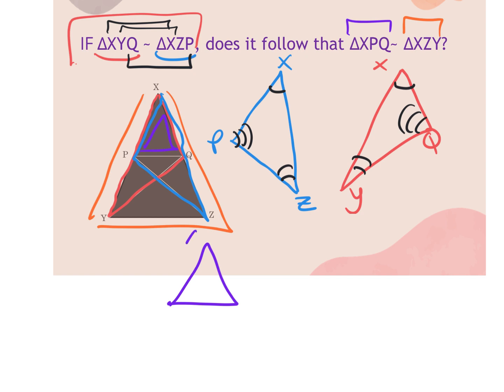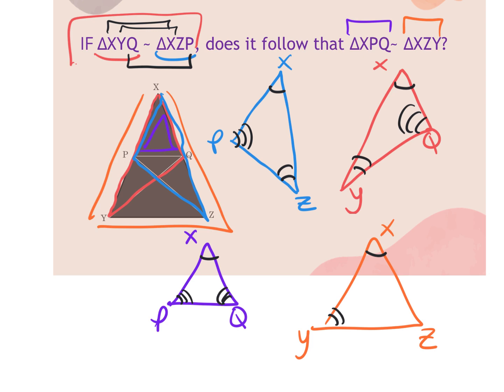So I have XPQ, and then I have the whole big one, the XYZ. So based off of the red and the blue, I know that angle X and angle X are congruent. I also know P and Q are congruent. And then Y and Z.